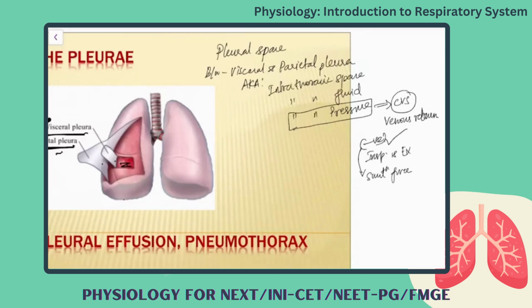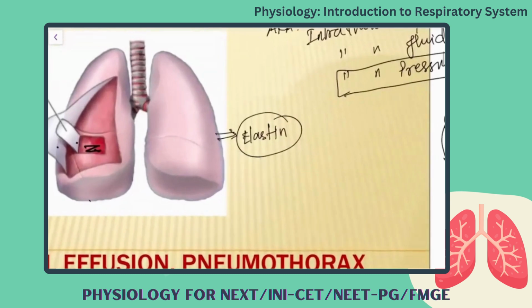heart. And in the respiratory system, the lungs are made up of smooth muscle, and it is one of the structures rich in a content called elastin. Elastin is rich in the lungs.